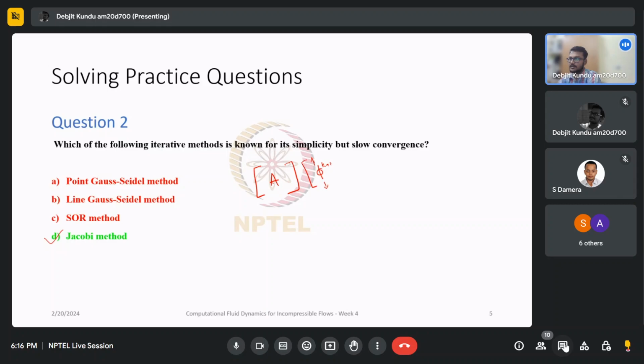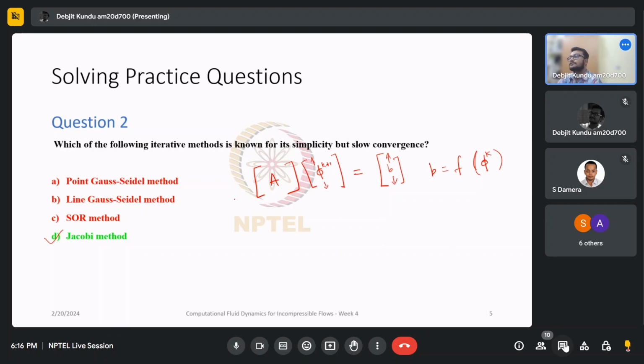So this is the unknown vector field which we are trying to solve, and this should be equal to another vector, let's say b, which is again a function of these phi quantities at the previous iteration, at the kth level.